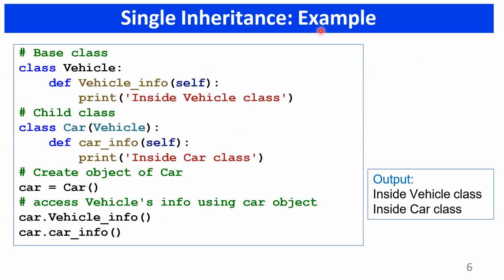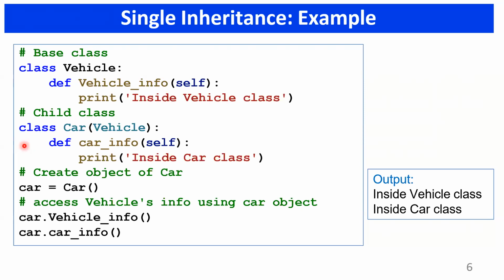Let us see an example program for single inheritance, where we are defining a base class called Vehicle. So class Vehicle, and we are defining a method vehicle_info, where we are simply printing a statement inside the Vehicle class.